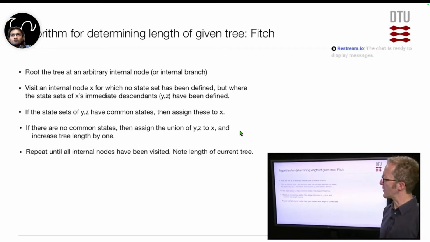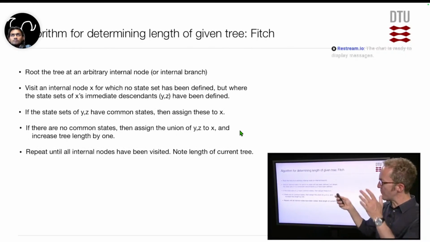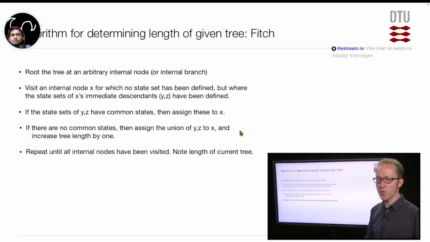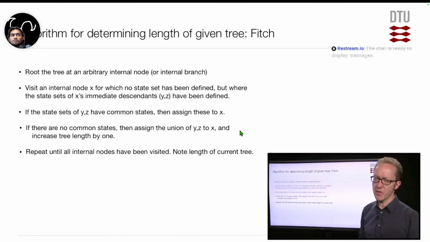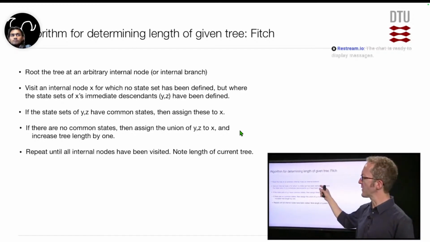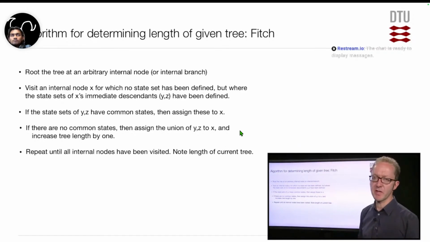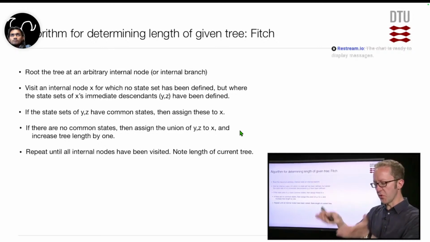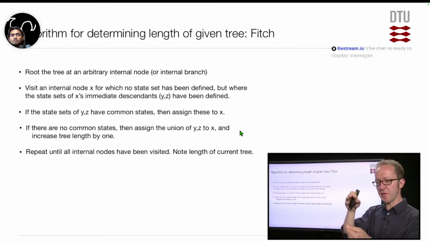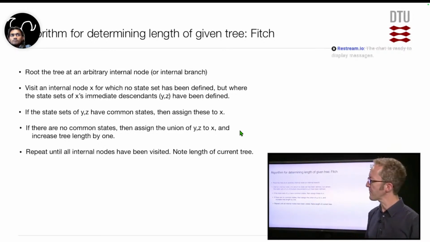Well, here's the algorithm. I'm going to read it out to you, and then we're going to walk through an example of how that works. The idea in the Fitch algorithm is that you start out by rooting the tree at some arbitrary internal node or some arbitrary internal branch. Secondly, this now gives you a rooted tree where there's a direction, where you have parents and descendants.